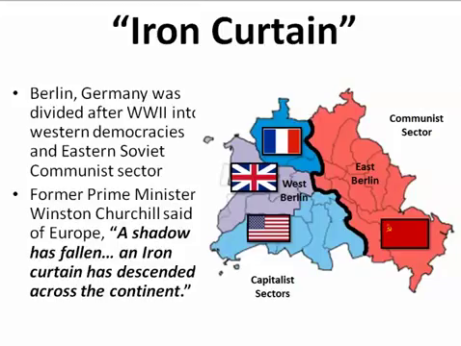Right after the war, the Soviet Union had invaded Berlin, and the United States and France and Great Britain really got in an argument over what was the future of Berlin, Germany. The communist sector, the Soviet Union, wanted Berlin to be a communist country.